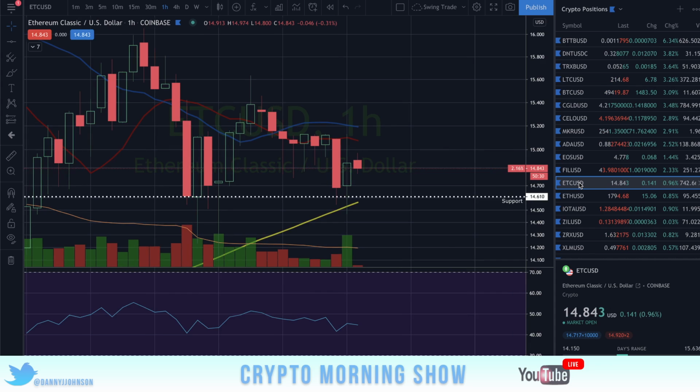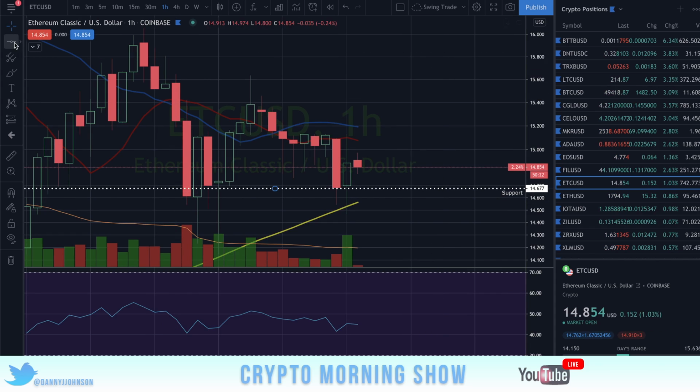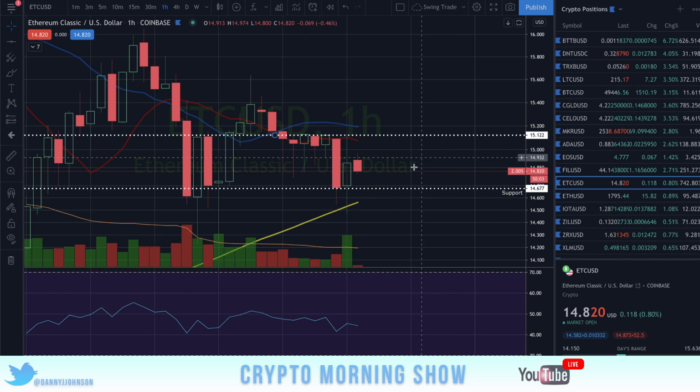Ethereum Classic, ETC USD. We did establish some support a little bit higher than I had marked previously last night. There's quite a bit of resistance in this level right here. So your support level at the moment is 14.677 with a 100-day moving average coming up.